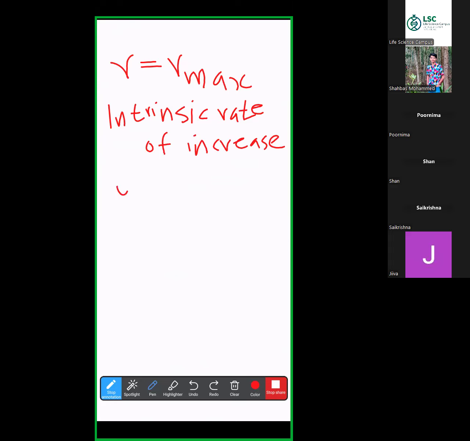Then dN by dt can be written as R max into N. This happens when all the conditions are favorable.